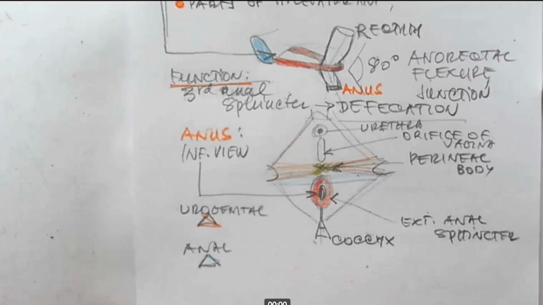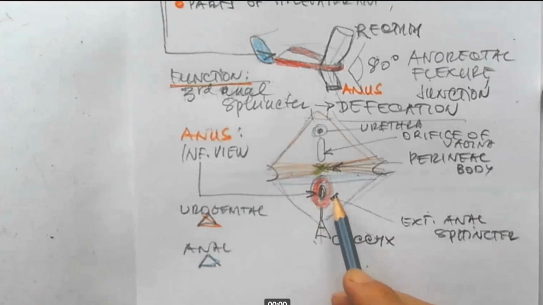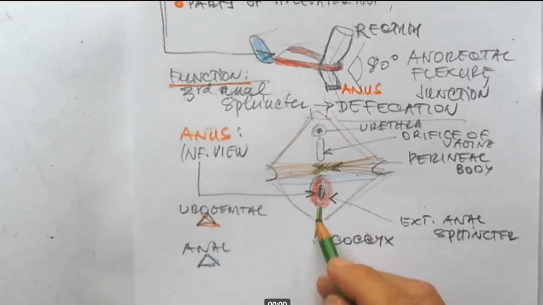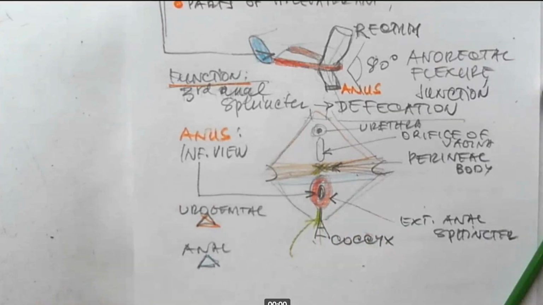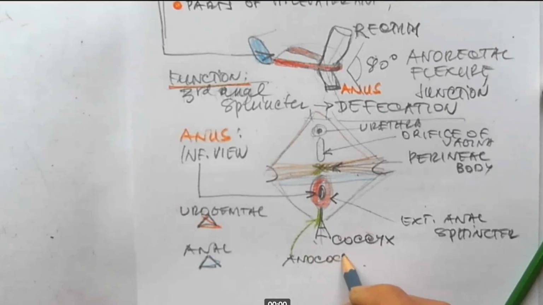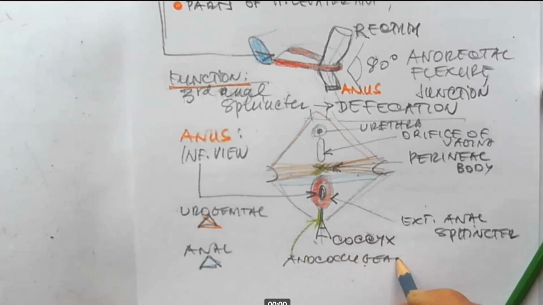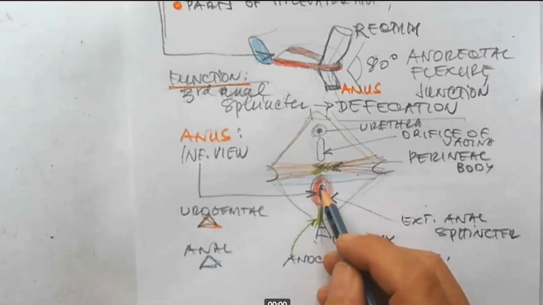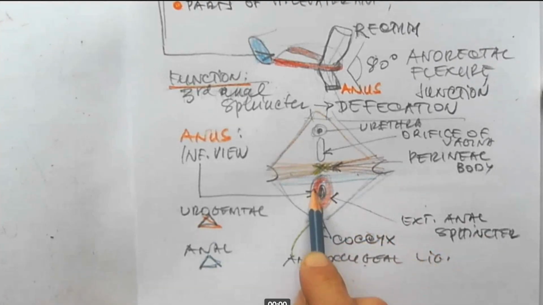One more thing. Here is the stabilizing ligament, which is called the anococcygeal ligament, again a stabilizing factor. If we look at the inferior side, we know the position of the anus surrounded by the sphincter.